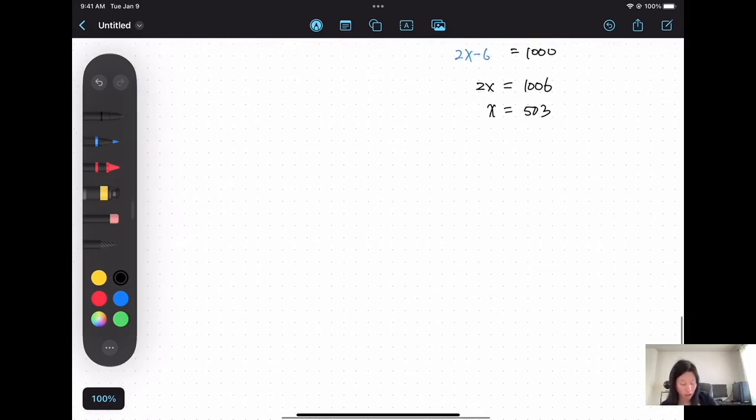So now let's solve another example, such as common log of 50x plus 25 minus common log of x equals 2. In order to rewrite this in exponential form, we need a single logarithm expression on the left side of the equation.